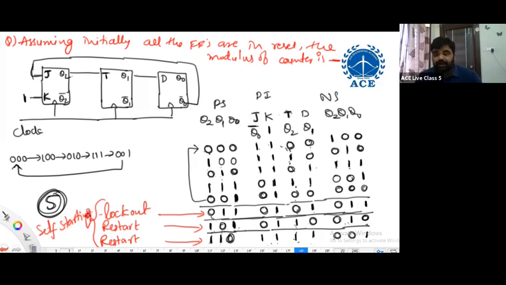For each and every unused state, if it is coming back to used states and going through used states only, then we say that counter is having self-starting. Each and every word is important.